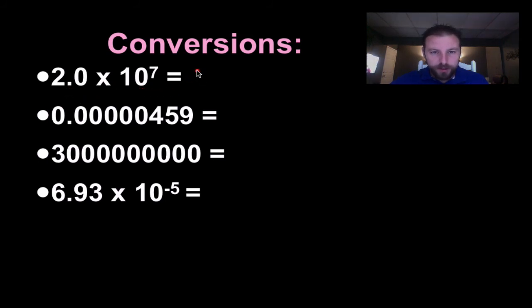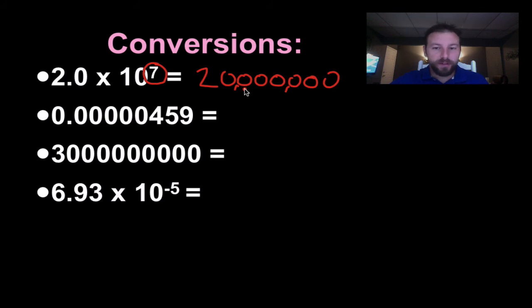Because we see the 7 here, and it's a positive exponent, we're going to move the decimal place 7 places to the right. 1, 2, 3, 4, 5, 6, 7. And we can put little commas in. So 2.0 times 10 to the 7th is nothing more than 20 million.